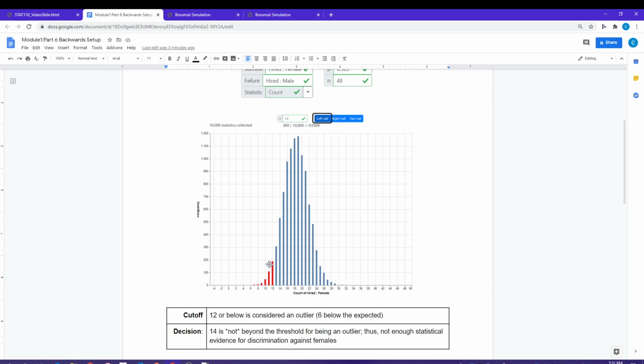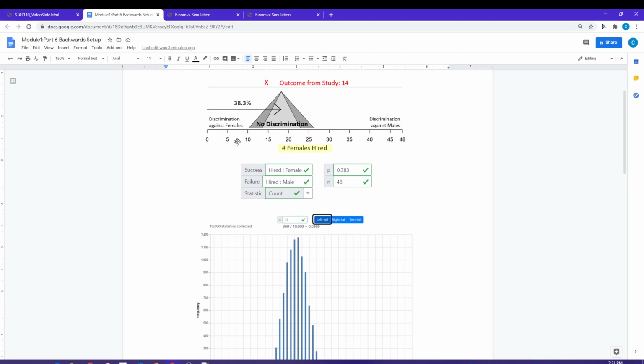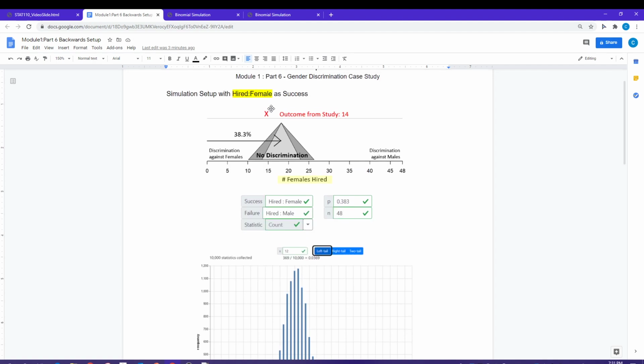Again, 12 is used to separate the unlikely values from the likely values. The left side of this distribution was of interest because the left side would indicate discrimination against females. What we learned is that 14 was not beyond the 12, so I did not have enough evidence for gender discrimination.